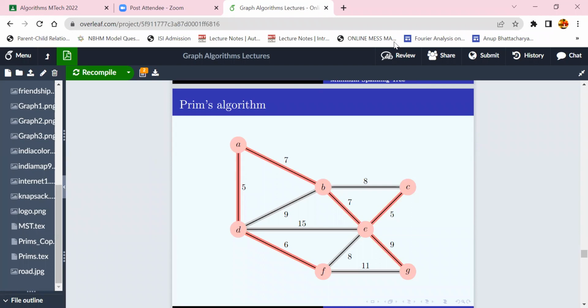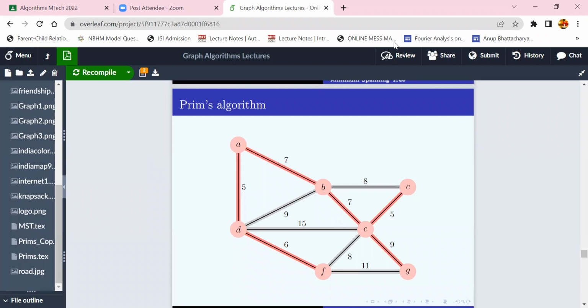So, are you convinced that the graph will be connected? Yes, so we are essentially terminating the iteration when all the vertices have been traversed, so it must be connected. Yes, very good.